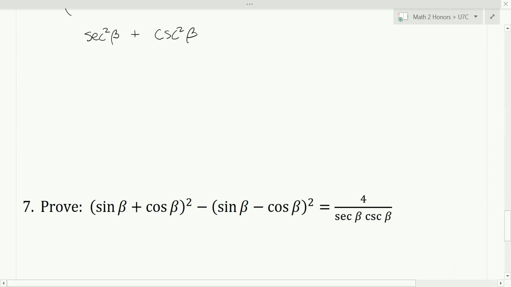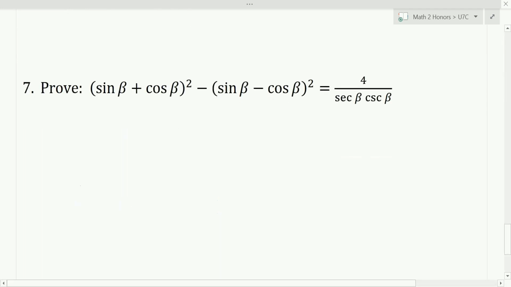You do get a long string of things, right? When you multiply this out, I just need to keep track of stuff. So we got the sine beta plus cosine beta times sine beta plus cosine beta. You just got two of these, right? And then minus, you got sine beta minus cosine beta. Two of those.